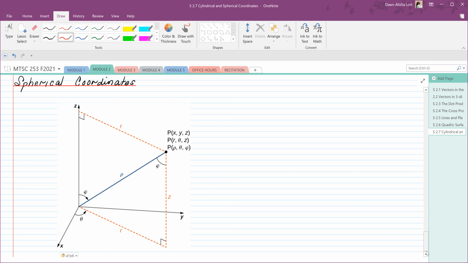Okay, so now I'm going to do the same thing. Here's my point P, that big red dot. So now I can either go out X, over Y, and then up Z to get to that point in space.